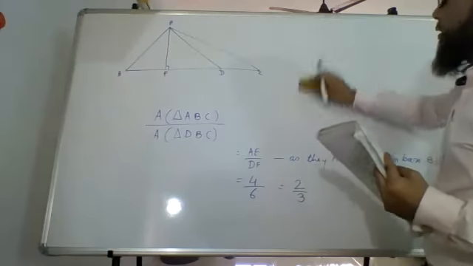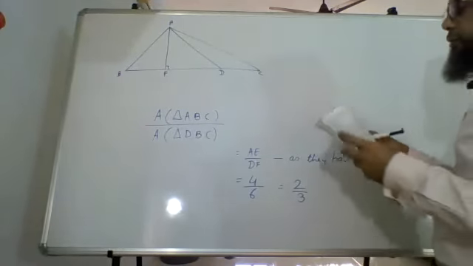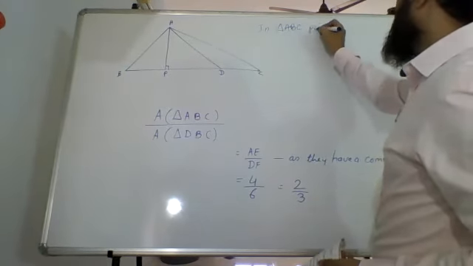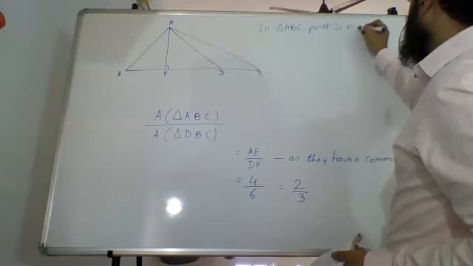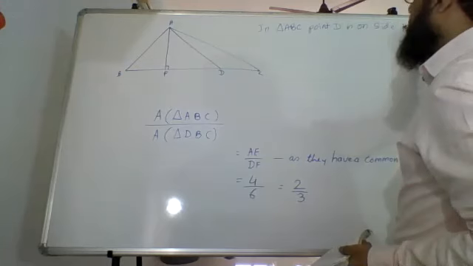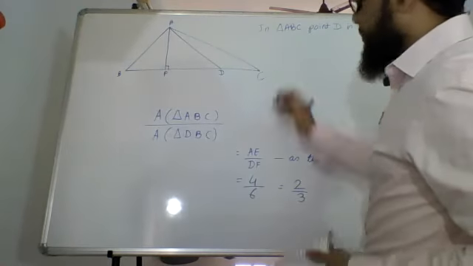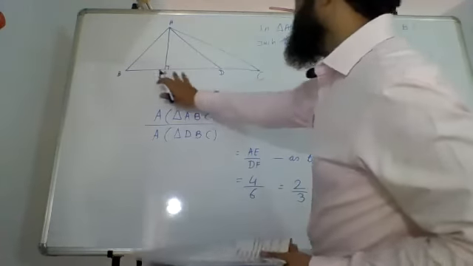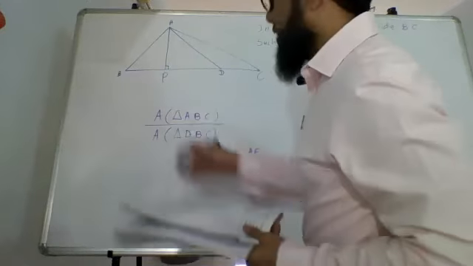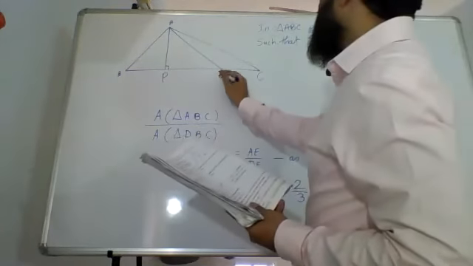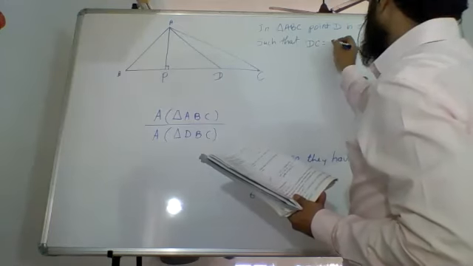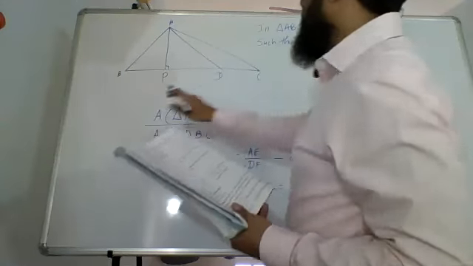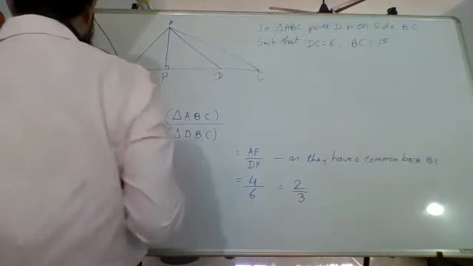In triangle ABC, point D is on side BC such that DC equals 6, BC equals 15.